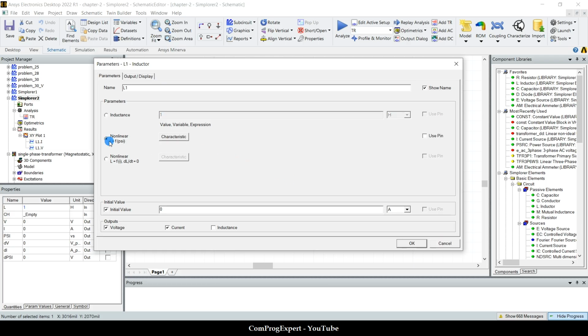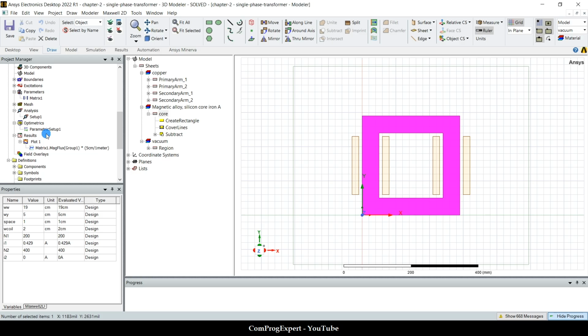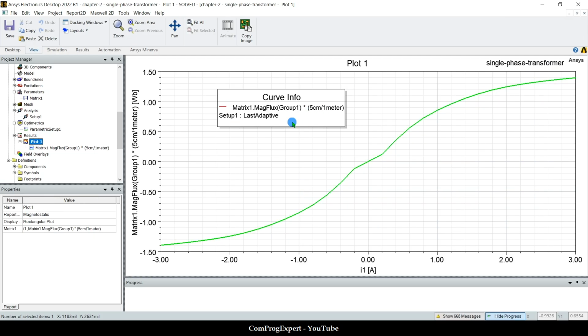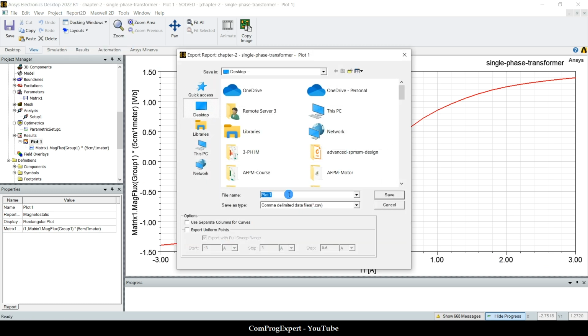We need to set this characteristic, I as a function of the flux linkage. We calculated this characteristic here in the ANSYS Maxwell, but this is flux linkage versus I. Let's export it to desktop in the tab format, my data.tab.